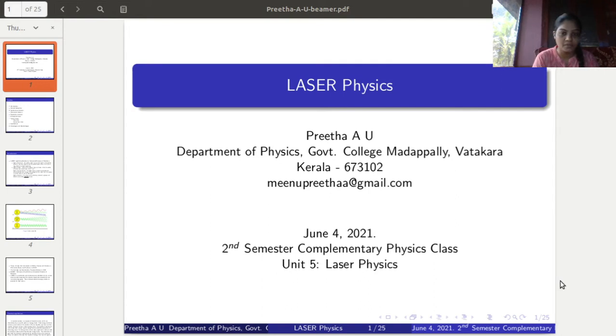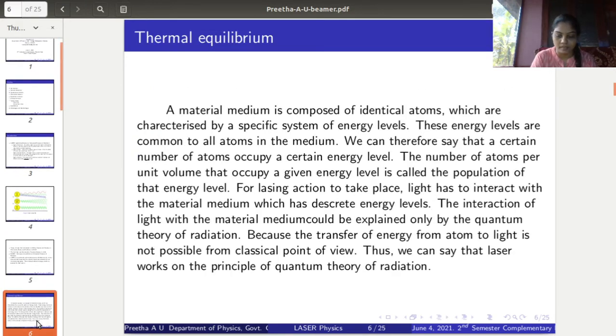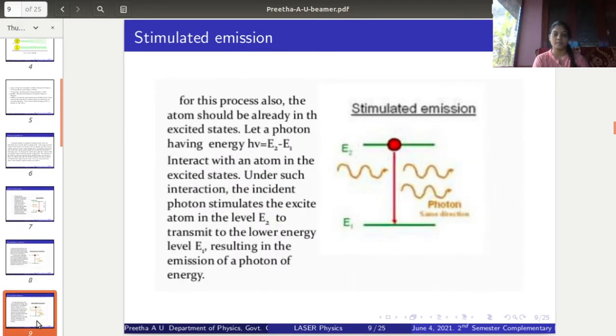Hope you have all gone through the last classes of laser. In the last class, we discussed laser as an introduction and discussed what is induced absorption, spontaneous emission, etc. Now we will move on to the next topic, that is stimulated emission.